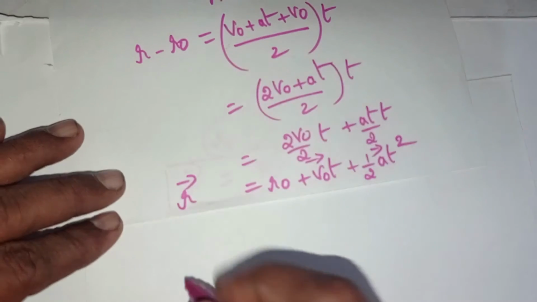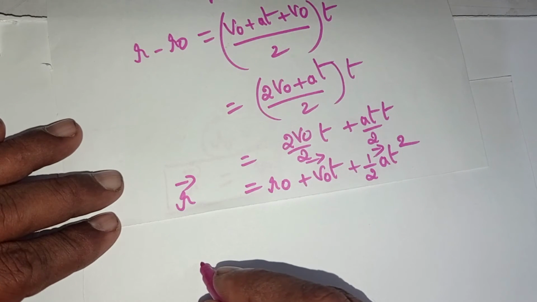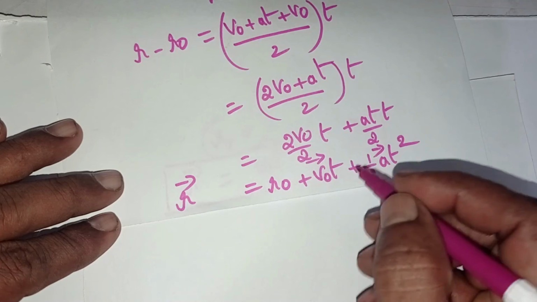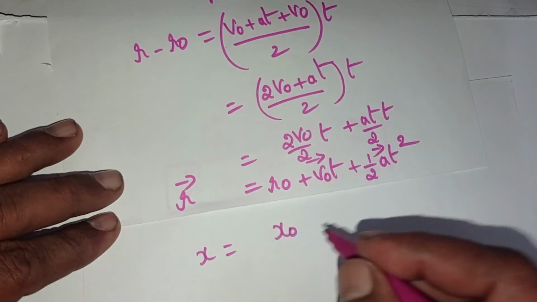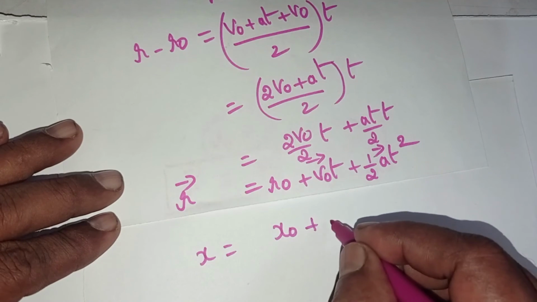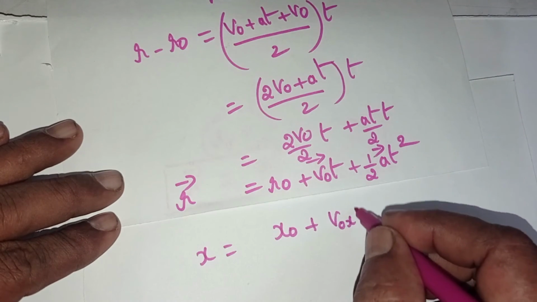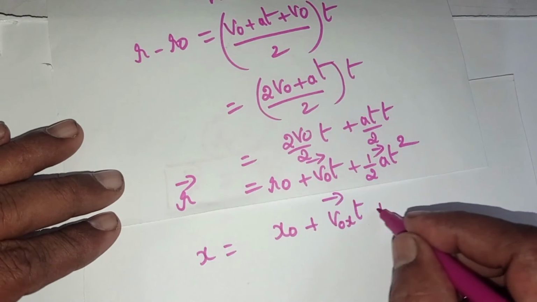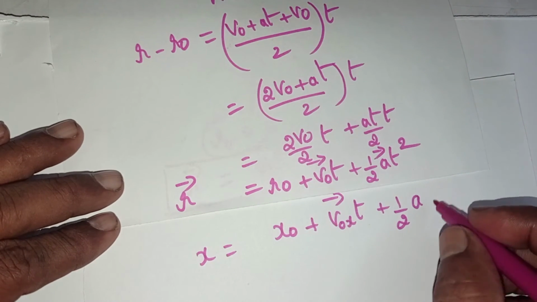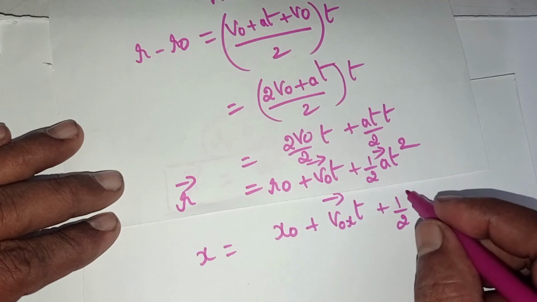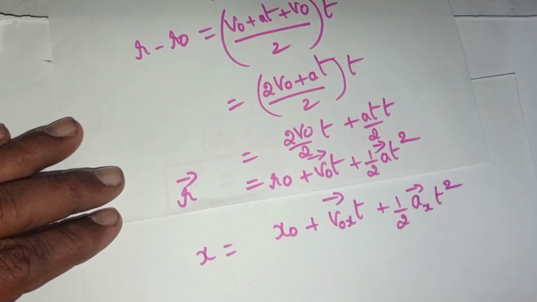Now this can be split into two components. One is X and the other one is Y. Okay, now X will become X naught plus VOX T plus half A, acceleration in X direction, into T square.